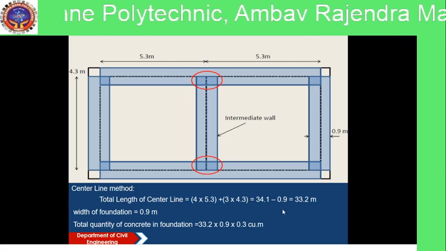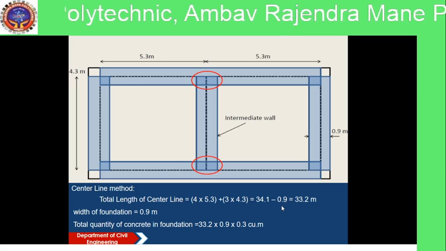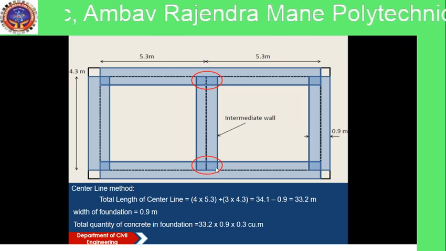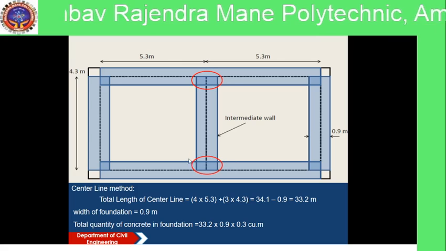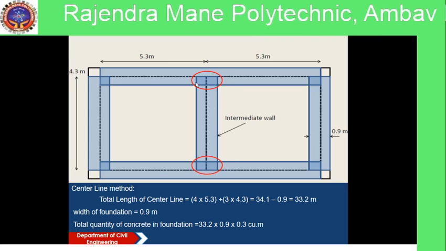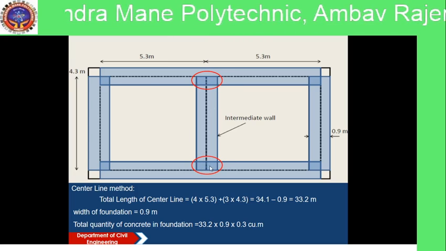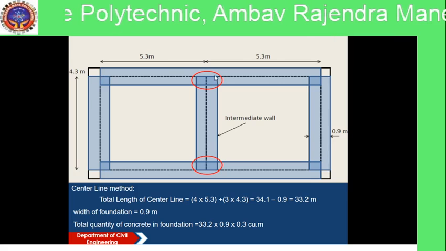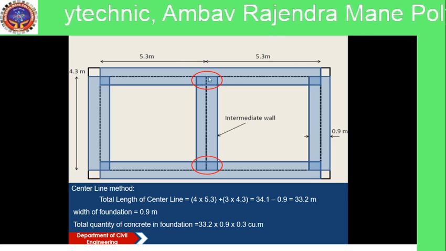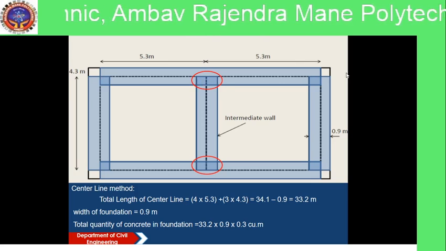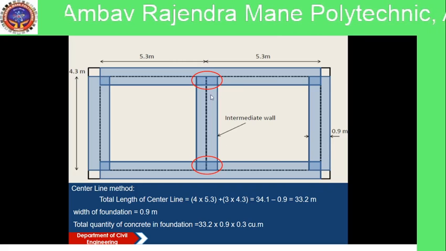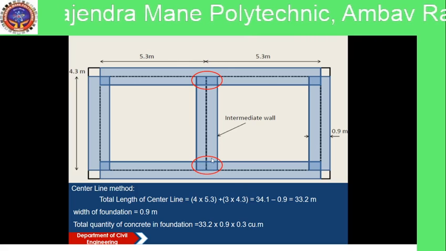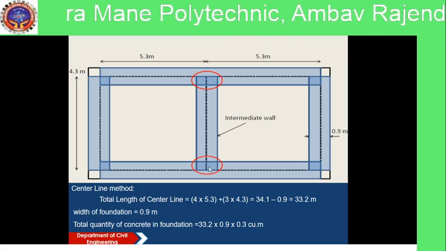That is equal to 34.1, minus 0.9, because here, at the junction, this area is repeated. Already we took this area, or this quantity, in this wall and in this wall, and again for this wall this quantity is repeated, so we have to deduct this quantity.